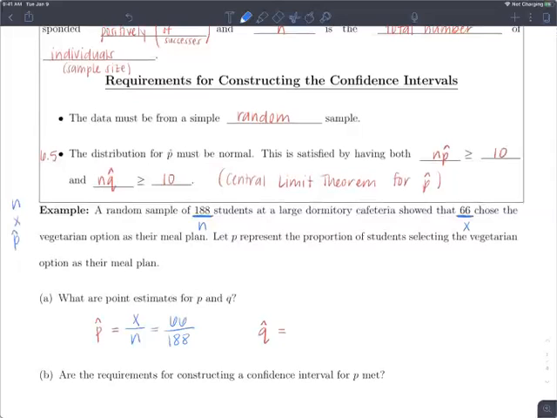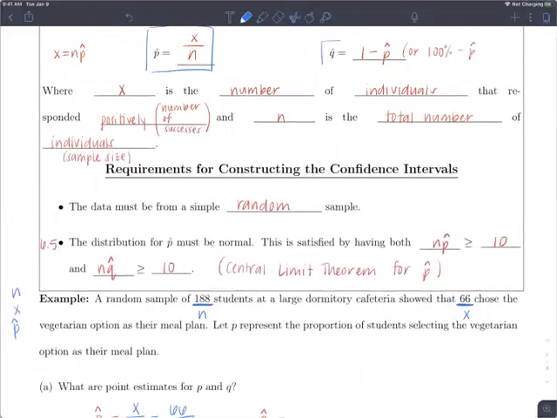And when you do that, you're going to get, oh, you can't see the result, 0.35 if I round it to 2 decimal places. So then Q hat, I don't have to worry about which variables I'm given. I just have to find P hat first.